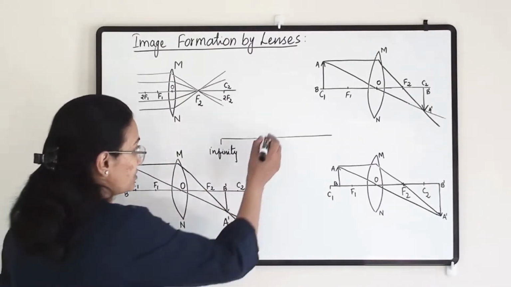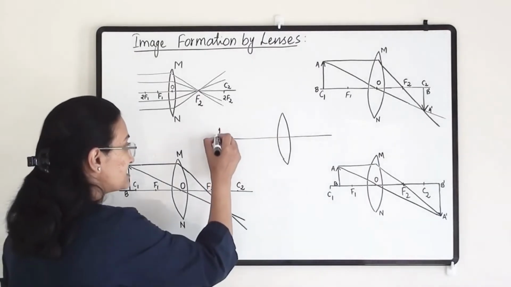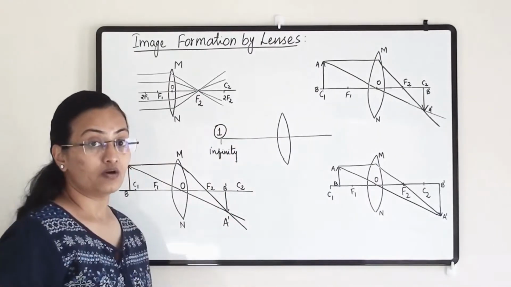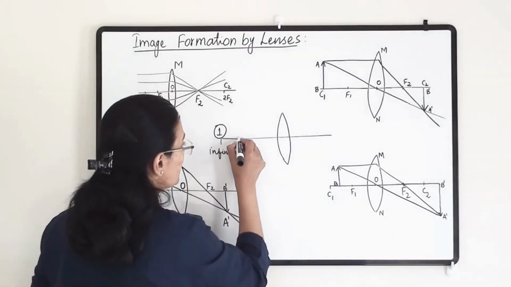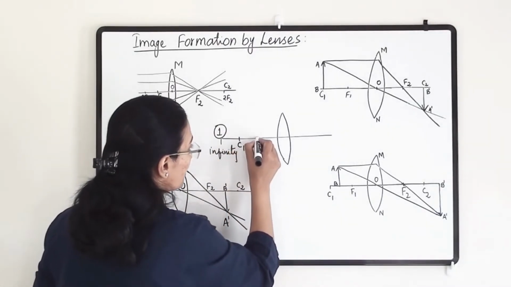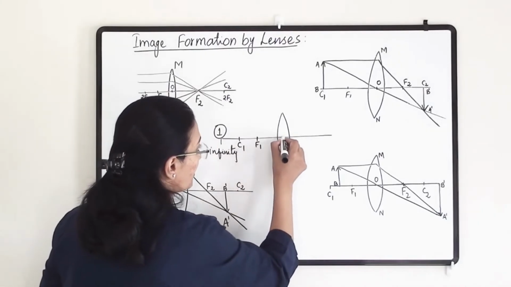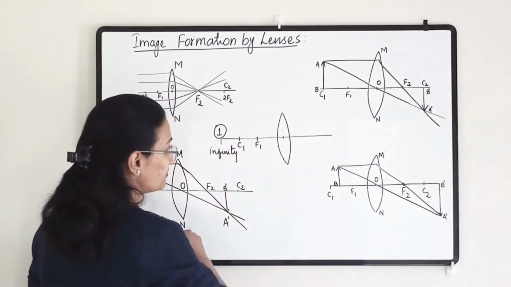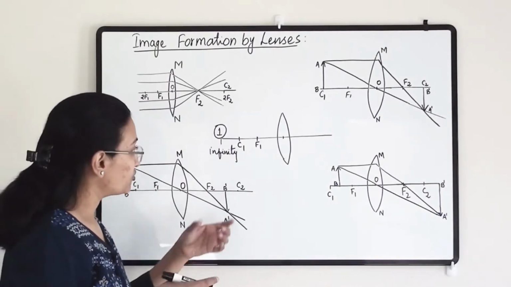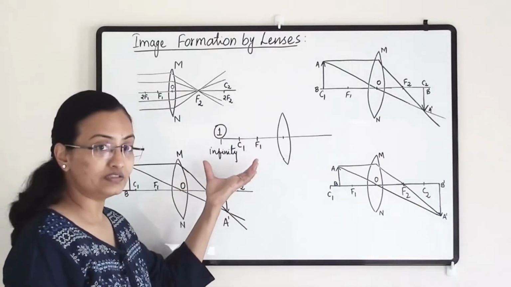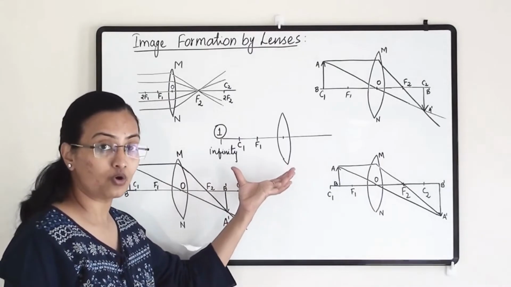Now this is the first case, in which we keep the object at infinity. Then we have, in between, C1, F1, then the optical center. All these are points in front of the convex lens.